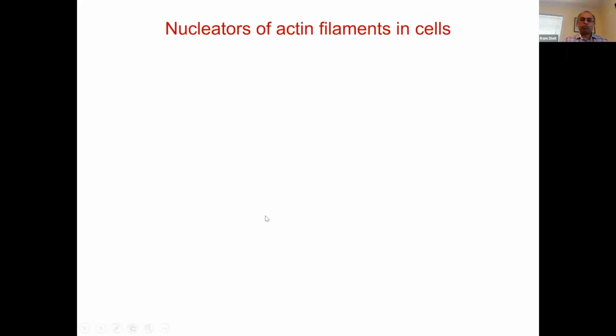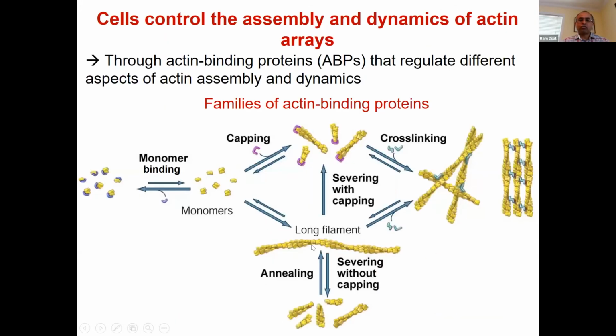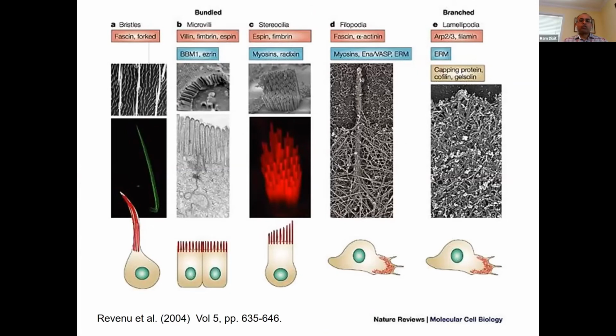There are also proteins that will cut actin filaments, so severing proteins like cofilin and so forth. So lots and many other proteins that are not even shown here. But these are the main ways that cells control what an actin filament is doing or when it is formed in a cell. So this is how cells then generate this really large diversity of actin structures.